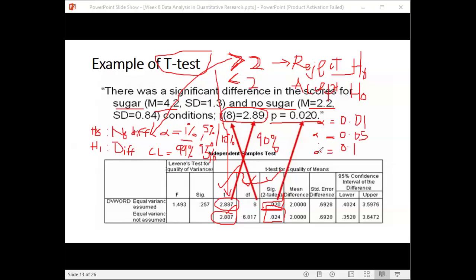So when you are doing these things, the best is the 1%. Just from last week, you remember when we were selecting our sample, whenever we chose 99%, you realize that the sample size became very big. When you reduce it to 95%, the sample size becomes a bit smaller. When you reduce it to 90%, you really have a very small sample size.